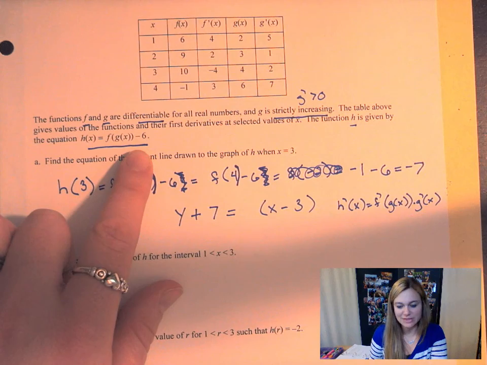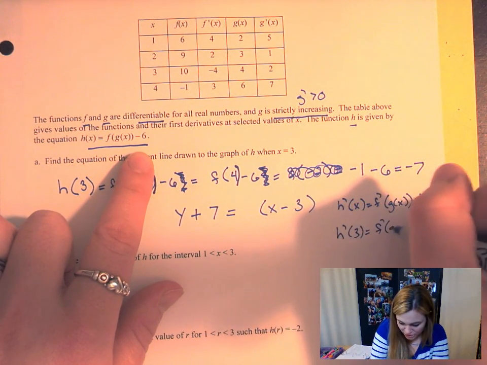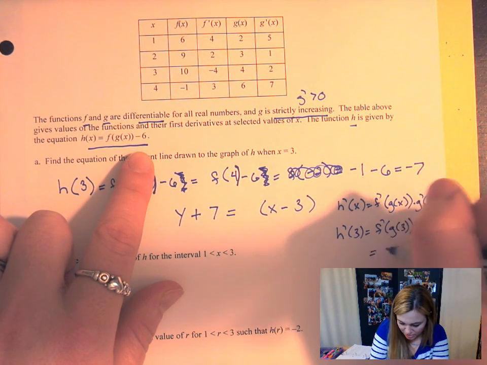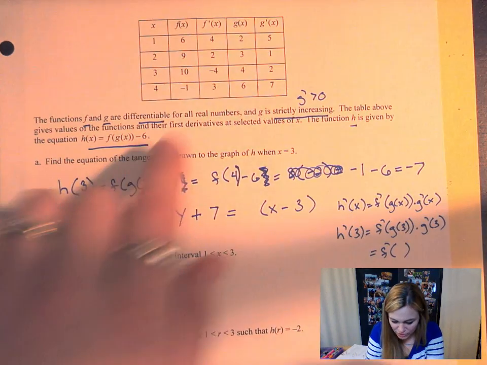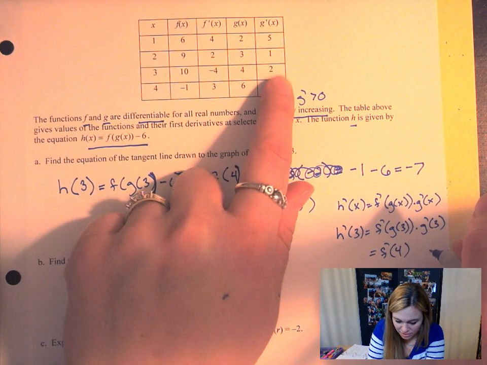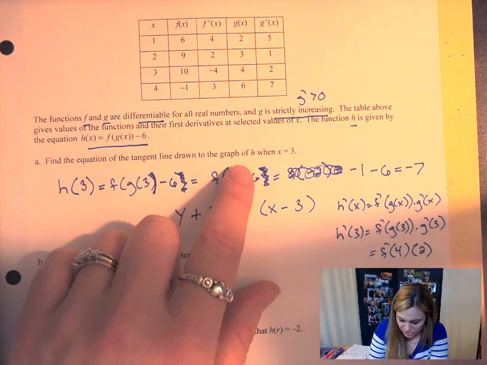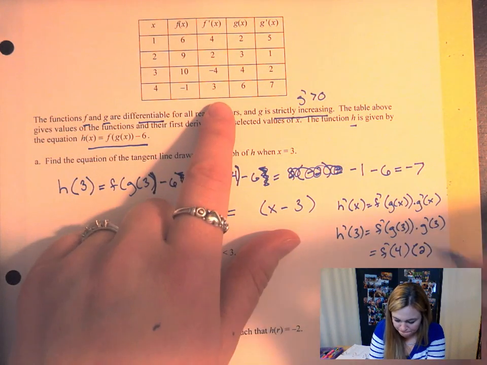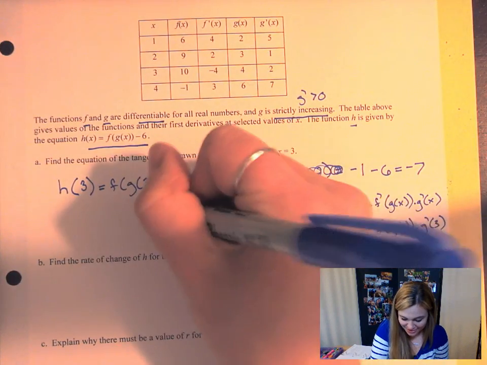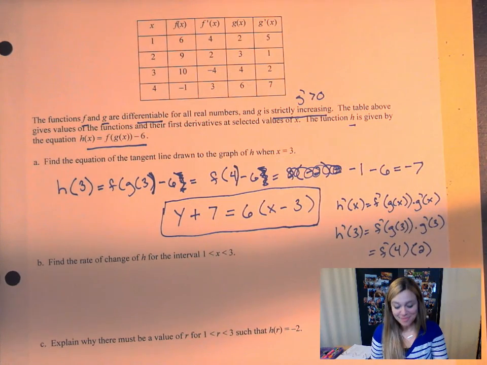The derivative of negative 6 is just 0. h prime of 3 is going to be f prime of g of 3 times g prime of 3. g of 3 is 4. g prime of 3 is 2. So close. f prime of 4 is 3, times 2, and I get 6. Huzzah! We did it! Let's keep going.